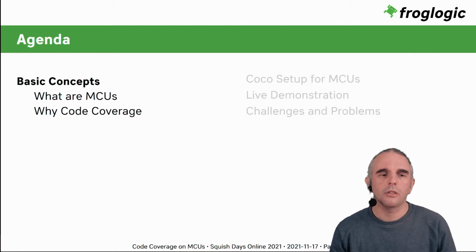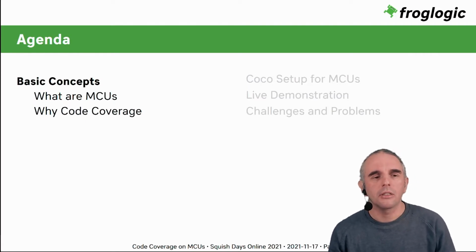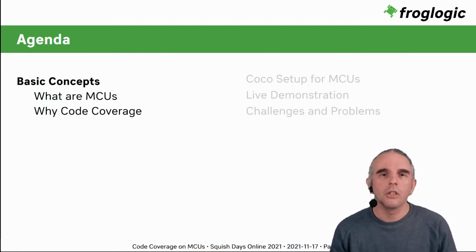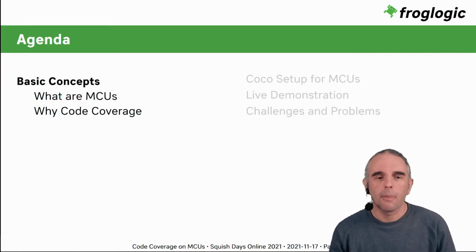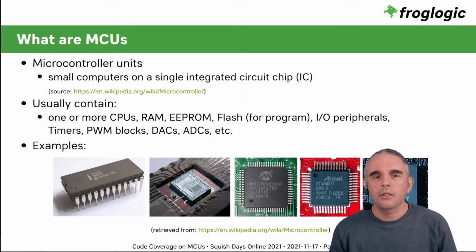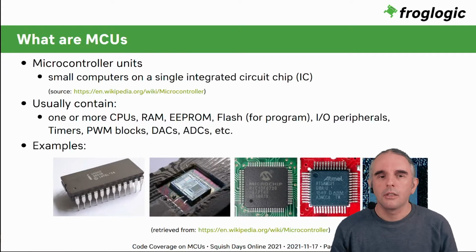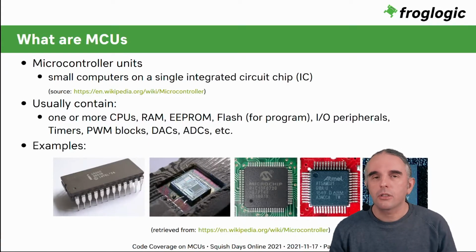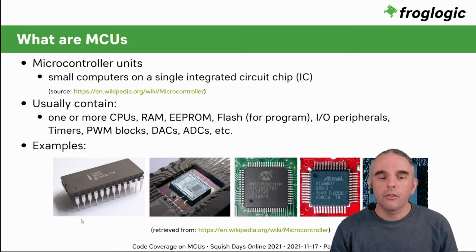So let's talk first about some basic concepts, like what are MCUs and what is code coverage. I noticed that some colleagues confuse MCUs a little bit with things like Raspberry Pi or single board computers, and the main difference between microcontrollers and single board computers like Raspberry Pi would be that everything is actually included in the chip of the microcontroller.